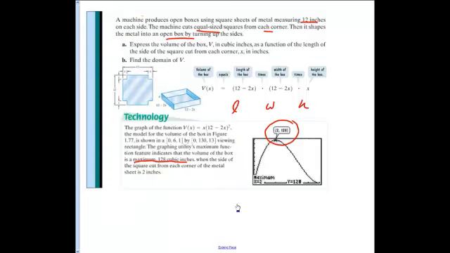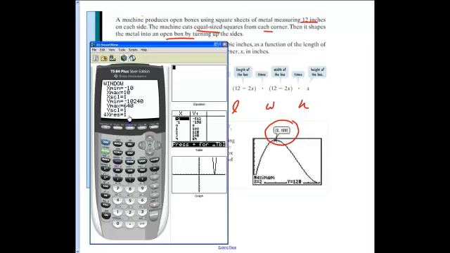Let's see if they give us some window settings here, and we'll look at the window settings. X min, we'll make it 0. X max, let's make it 200, and then Y min, we'll make it 0, and Y max, we'll leave it 640.